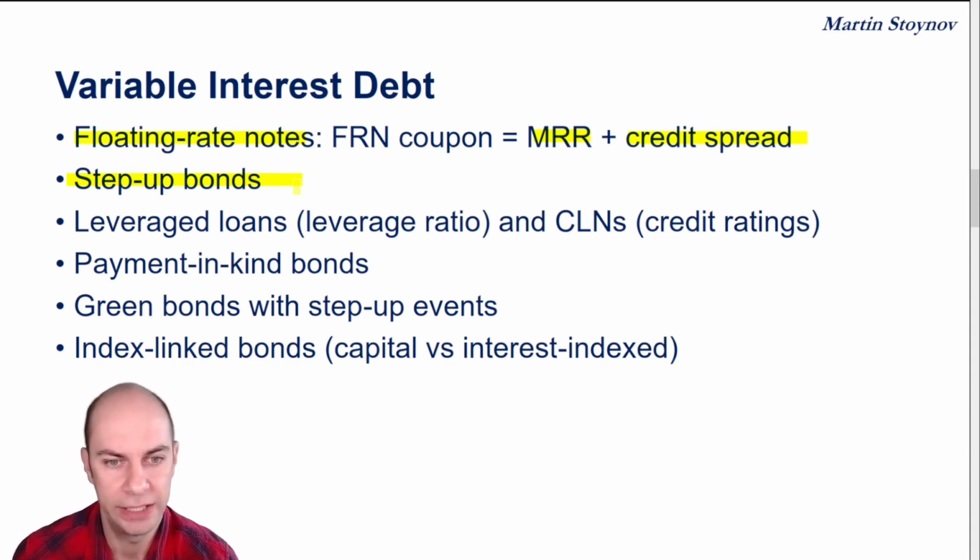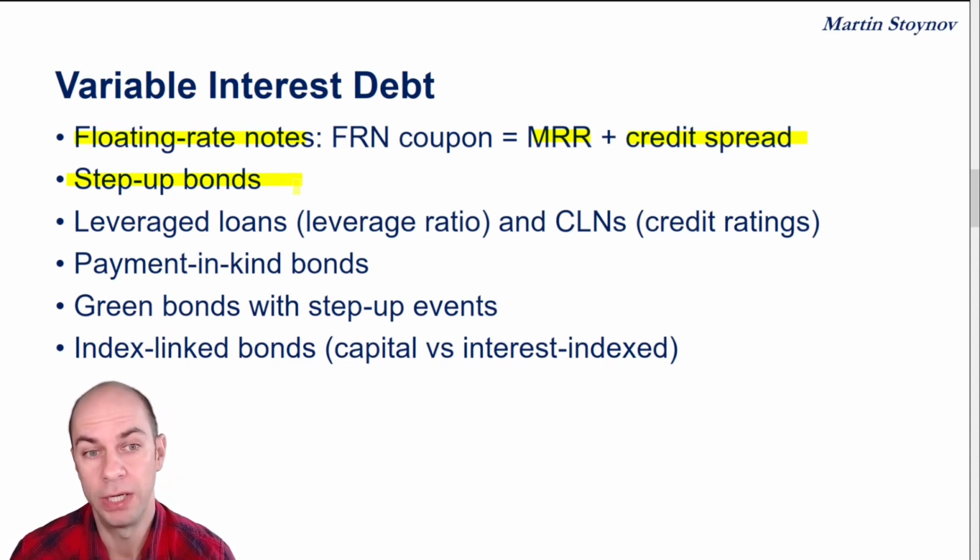So the idea here is that we're giving some breathing space to the borrower in the early years. So if he's cash burning or struggling in the short term, he's paying a lower coupon initially, but in the future, the hope is that as he becomes more profitable, he will be able to afford the larger coupon. Therefore, the coupon steps up.